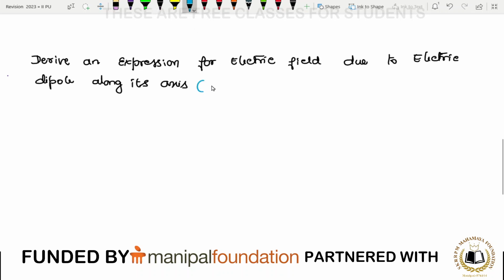It's also called as what? Dipole axis or axial line. So all meanings are same. Many times this question is repeated in the annual exams. So derive an expression for electric field due to electric dipole along its axis or dipole axis or axial line.